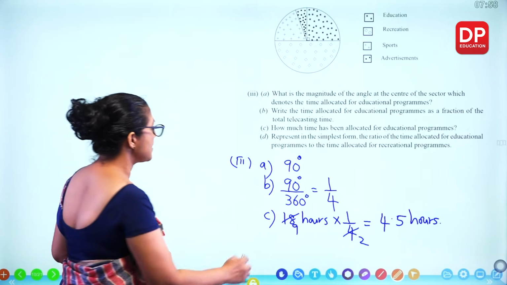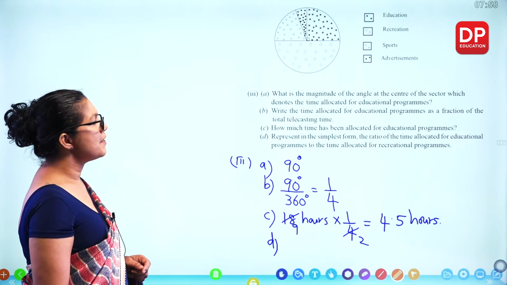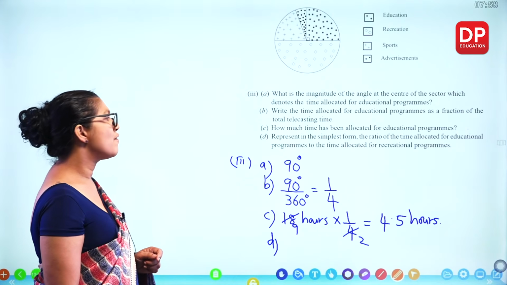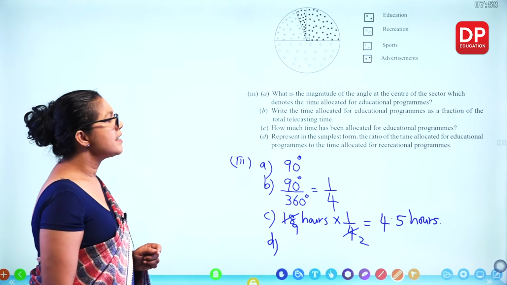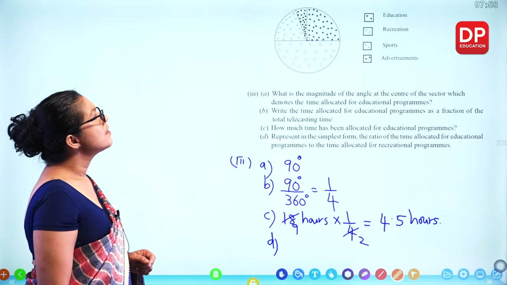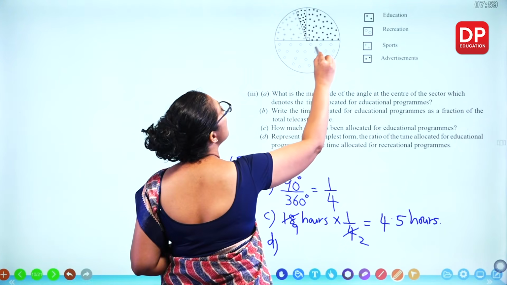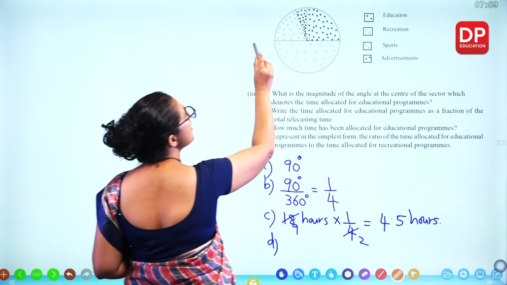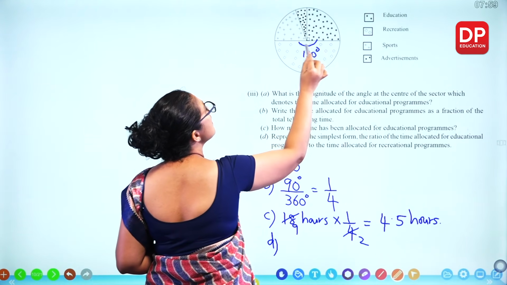Then the last part says, represent in the simplest form the ratio of the time allocated for educational programs to the time allocated for recreational programs. So which one is recreational programs? This is 180. We can see a straight line there. So this is 180 given.